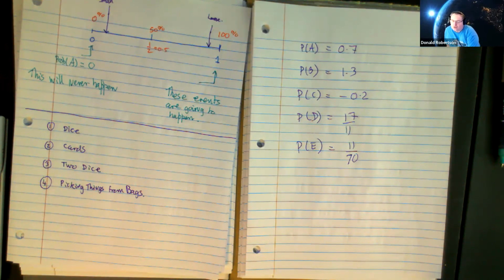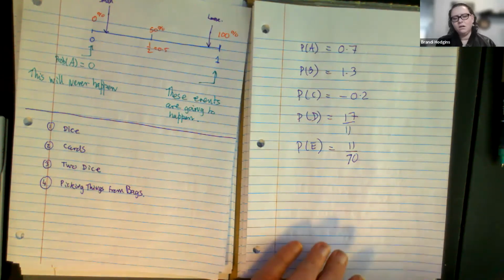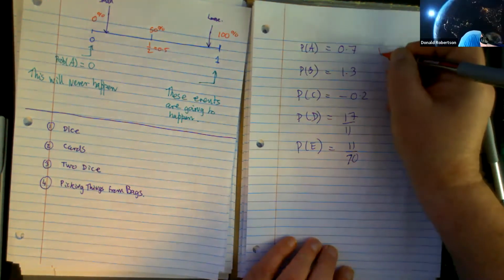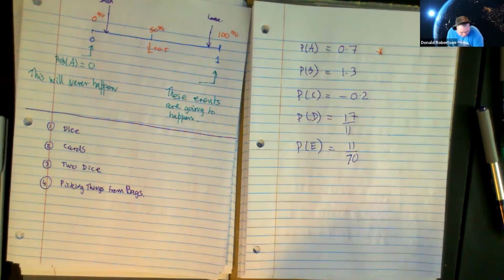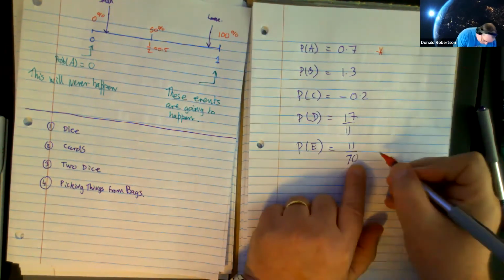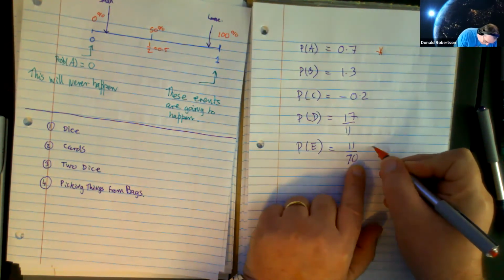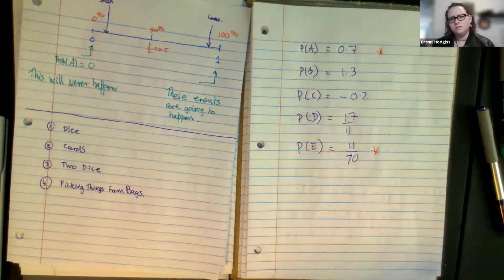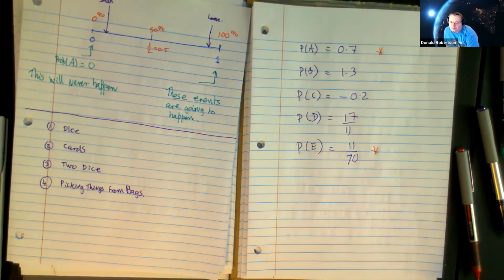So which ones are okay? You could get a probability equal to those values. Is it A, C, and E? I'm agreeing with A. What did you say, E? Yeah, I'll agree with E. That's all I'm going to agree with. That's the only 2. So let's figure out why the other 3 are bad.